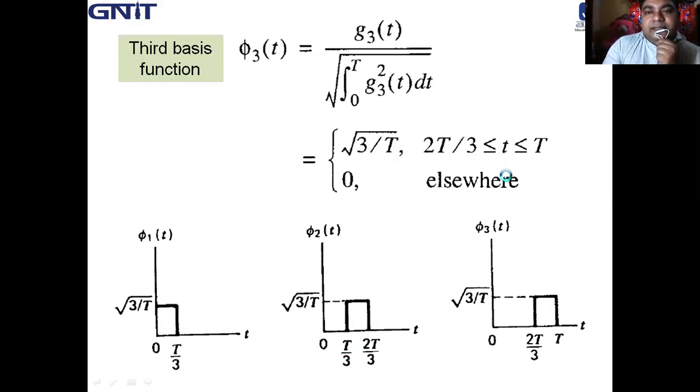And the third basis function exists for 2T/3 to capital T, and amplitude is root over 3/T. So these are the basis functions. In that way, we can easily construct the basis functions using the Gram-Schmidt orthogonalization procedure if the signals are given.